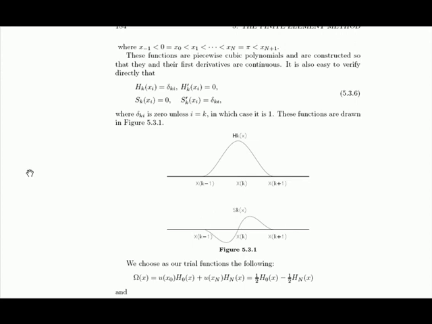Okay, for cubic Hermites, we're going to be using trial functions which look like this or this. We're going to have HKs and SKs.